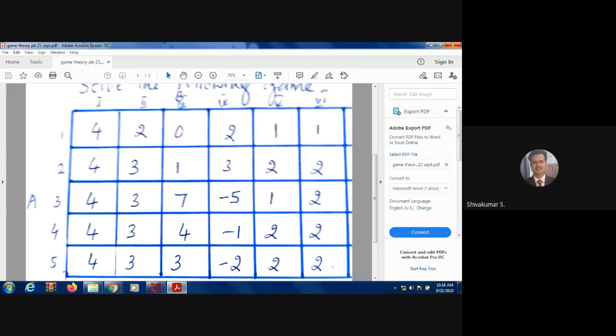Now row 1 is dominated by row 2, so delete row 1. Row 5 is dominated by row 4, so delete row 5. Now you have reduced the matrix into a 3 by 6 matrix.